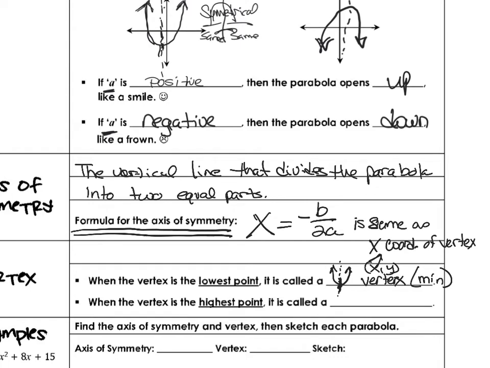The highest point would be when you have a parabola that's facing downward. Your highest point is here. It's your vertex, and they also call it the maximum.